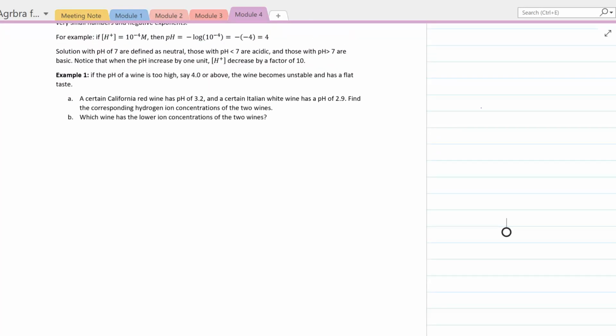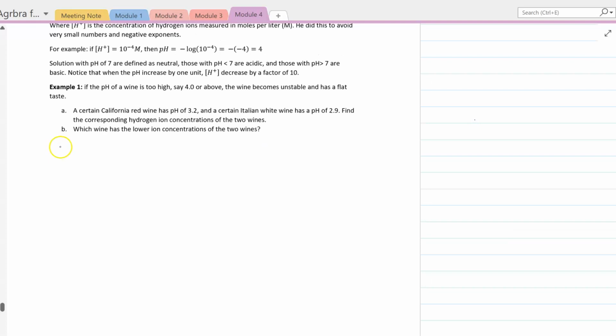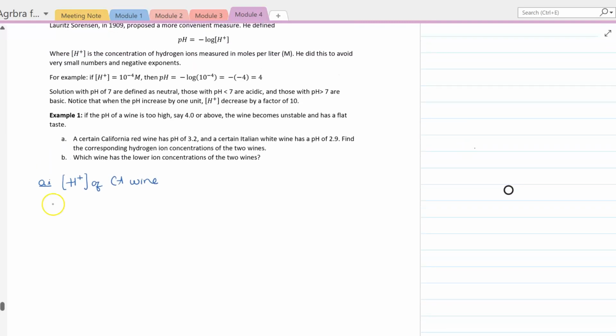So let's start with part A, sub 1. Here we want to find the concentration of the California wine. We are given that pH is equal to negative log of hydrogen ion concentration, and the pH is 3.2.